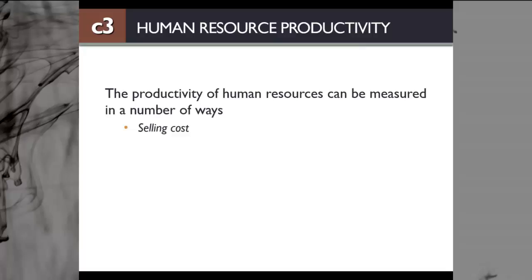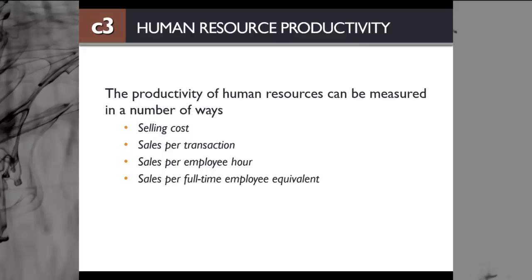First, you can calculate productivity based on the selling cost, sales per transaction, sales per employee hour, and sales per full-time employee equivalent. I'll show you each one and you can learn how to calculate each.